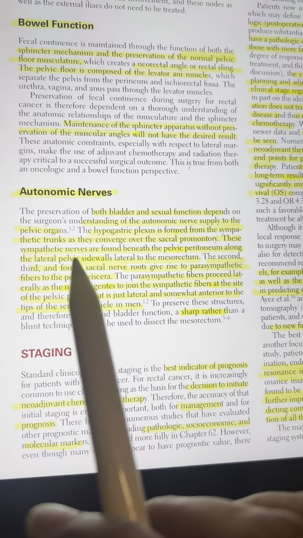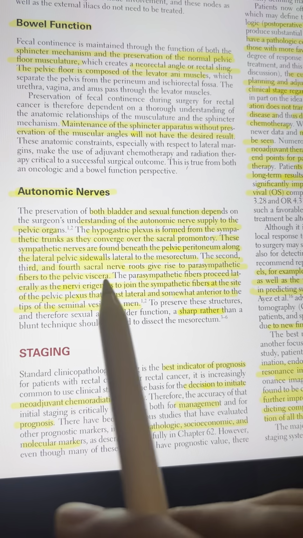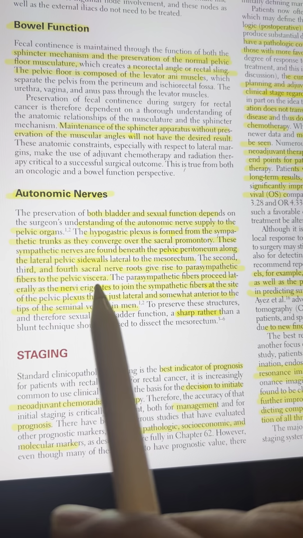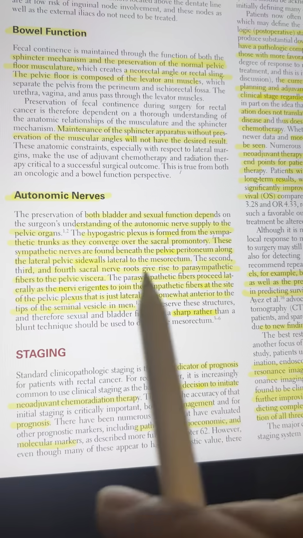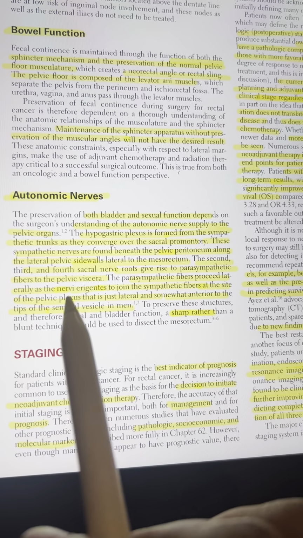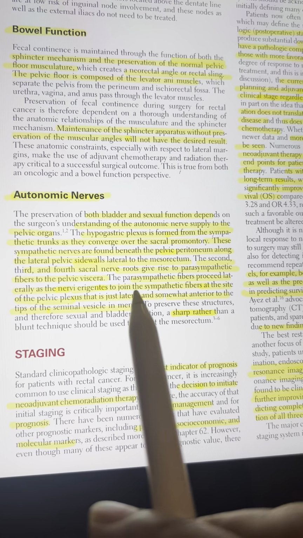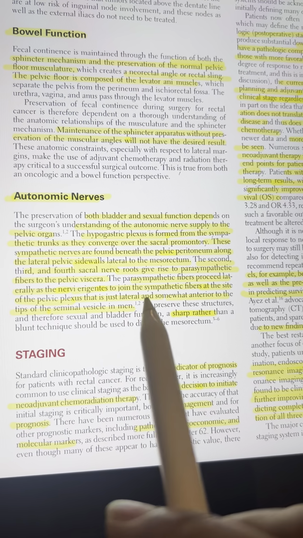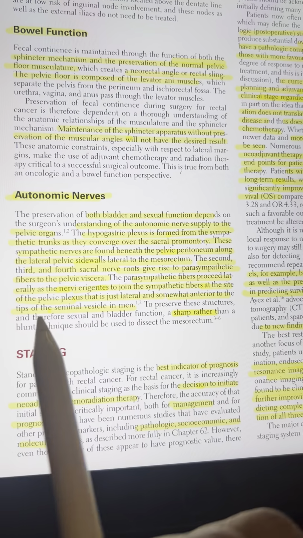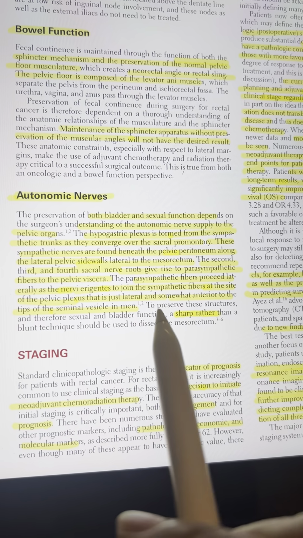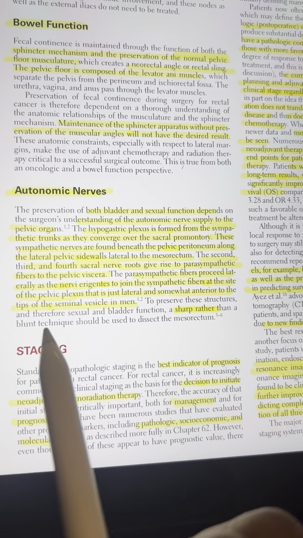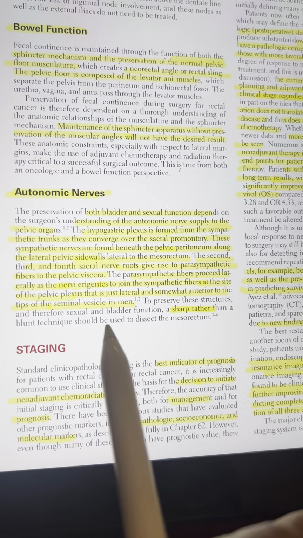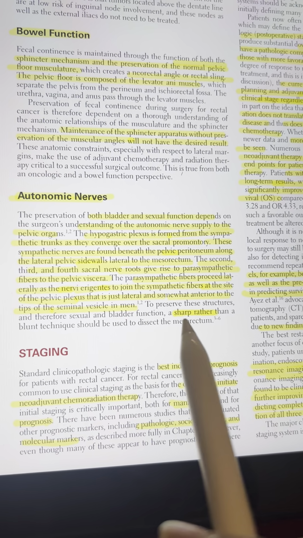The second, third and fourth sacral nerve roots, S2, S3, S4, give rise to parasympathetic fibers to the pelvic viscera. The parasympathetic fibers proceed laterally as the nervi erigentes to join sympathetic fibers at the pelvic plexus, which is just lateral and somewhat anterior to the tips of the seminal vesicles in men. To preserve this structure, and therefore sexual and bladder function, a sharp rather than blunt dissection technique should be used to dissect the mesorectum. Thank you.